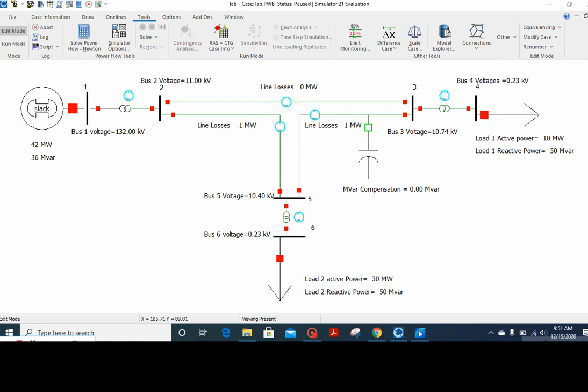After that, we are converting this 11 kV from this transformer. This transformer is converting 11 kV to 230 volts.